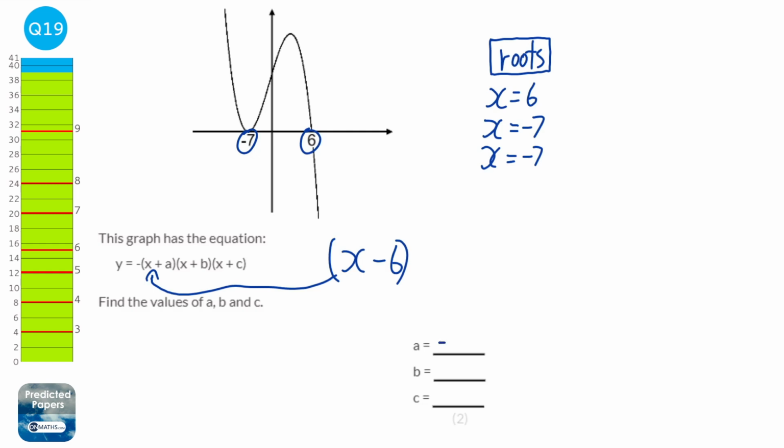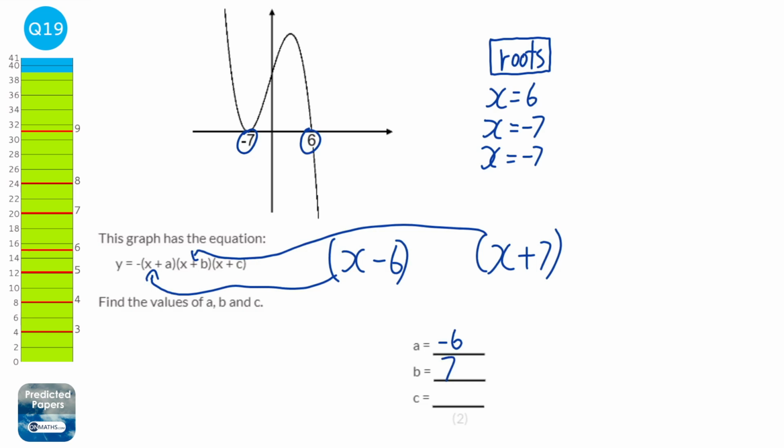So if A is -6, let's have a look at B. So what does B have to be? Well, if that's -7, if we put B as +7, then when we substitute in this -7 into the x, we get -7 plus 7, which is 0. Then the whole thing will be 0 at x equals -7.